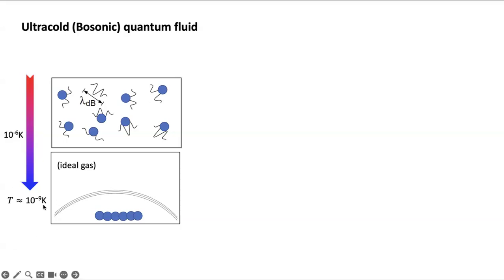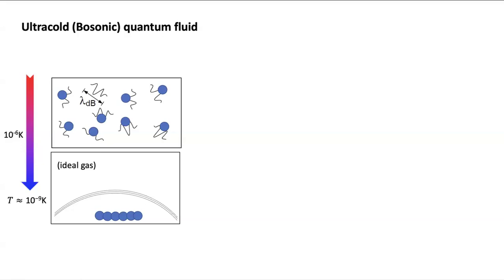But once we cool the system down to the nanokelvin range, the interparticle separation and the thermal de Broglie wavelength become comparable. This is when we end up with a gas of atoms that, in the case of an ideal gas, all occupy the same wave function inside the trap, right?